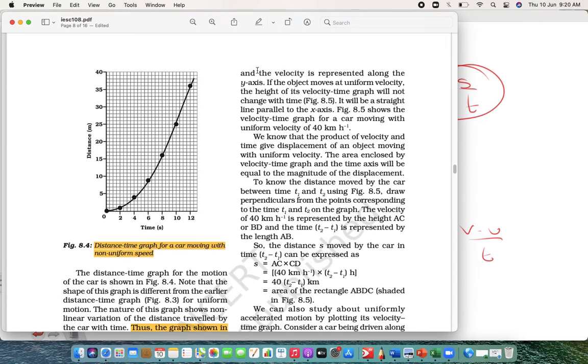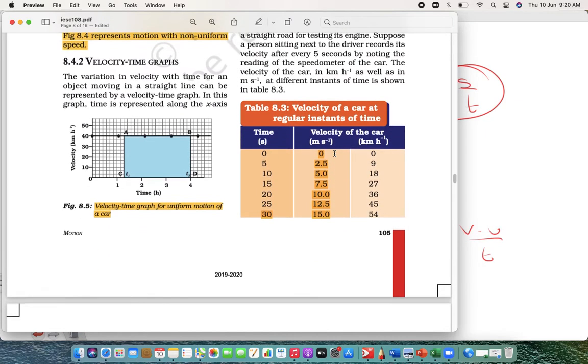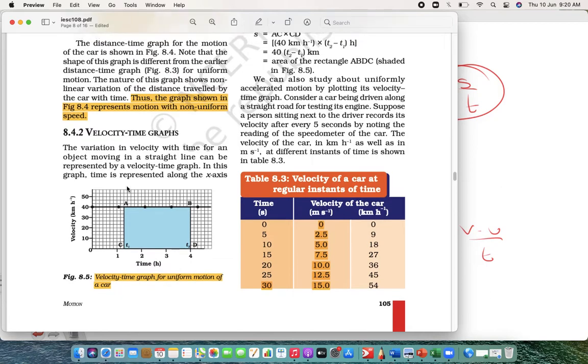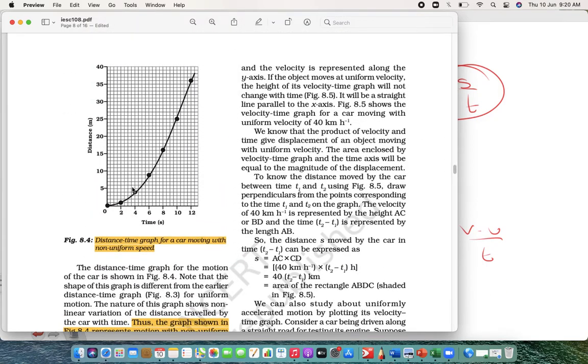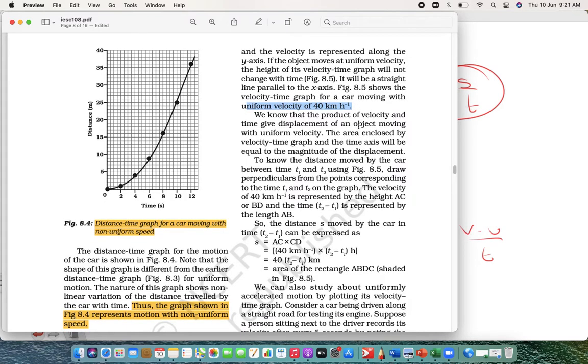Now what they are talking about here is velocity versus time. So here the velocity is represented on the y-axis and time is represented on the x-axis, right? And what they are trying to tell you is it will go in a straight line parallel. That shows that the car is moving with a uniform velocity of 40 km/h.